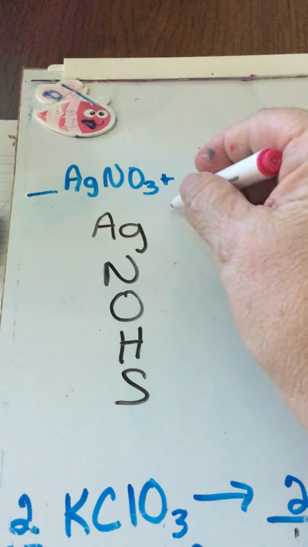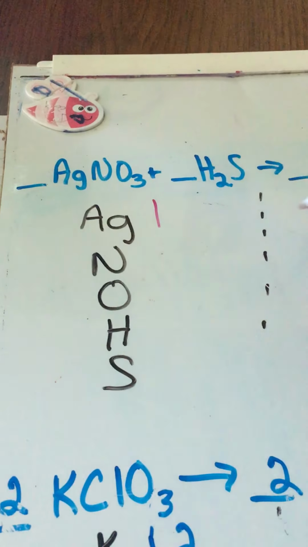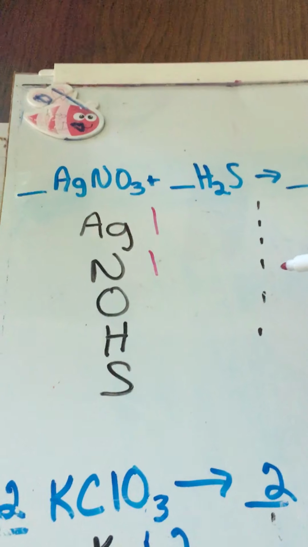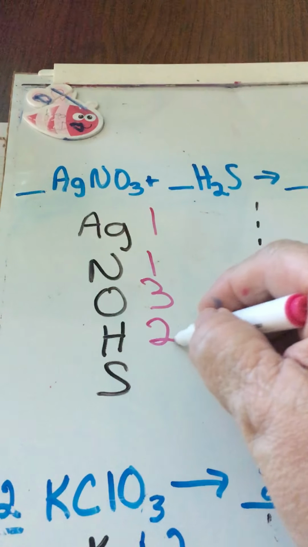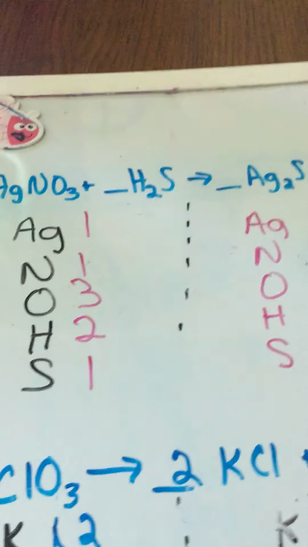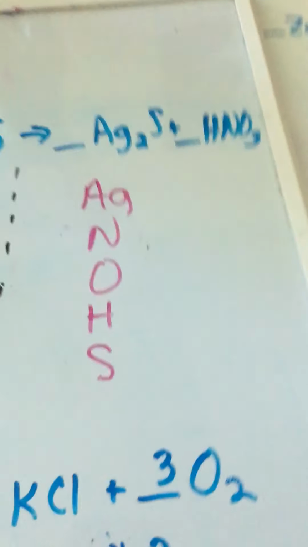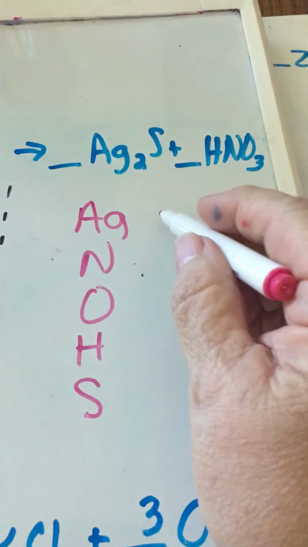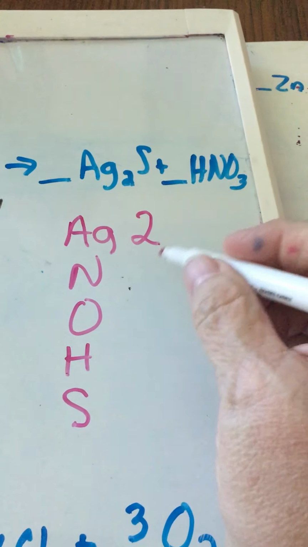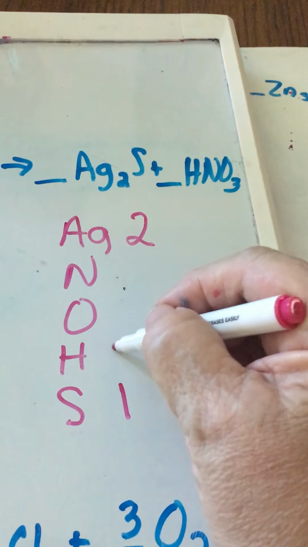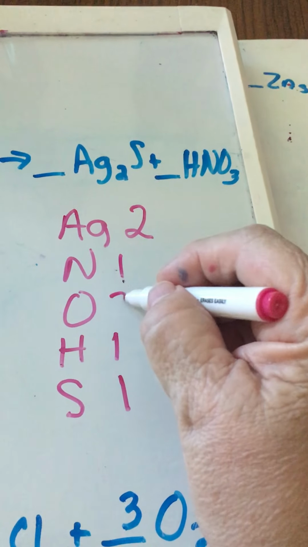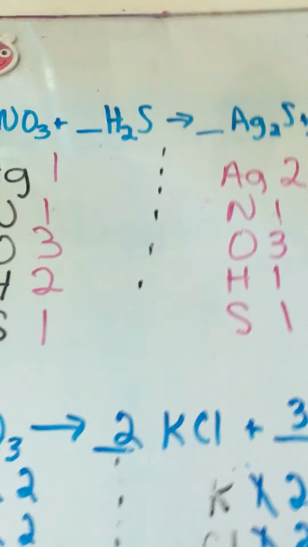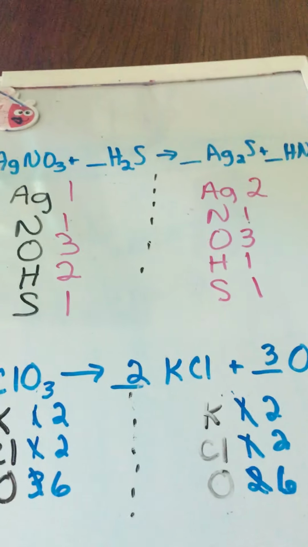I have 1 silver, 1 nitrogen, 3 oxygen, 2 hydrogen, 1 sulfur. I'm going to count on this side. 2, 1, 1, 1, 3. All right, so there's my numbers.